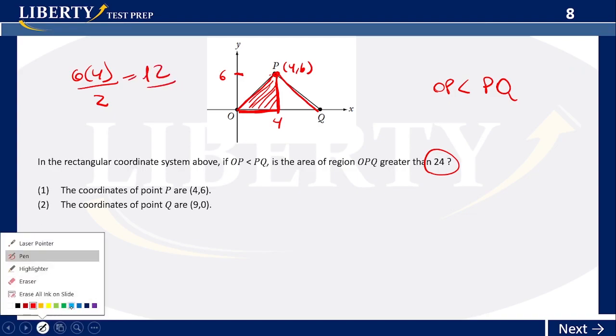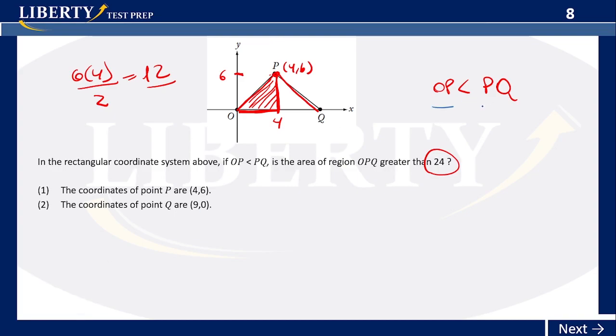Now what do we know from that? We know that before they had told us that OP is less than PQ, and they're also here on the x-axis, right? So PQ must be greater, which means that the difference between O and 4 is less than the difference between 4 and Q. So here the base for this triangle on the right will be greater than 4.